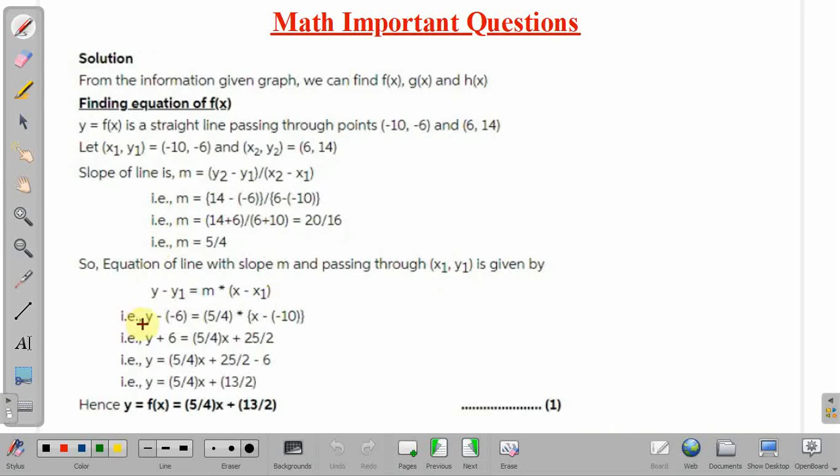For f(x), y1 equal to -6, m equal to 5 by 4, and x1 equal to -10. Substituting these values, we get y equal to f(x) equal to 5 by 4 times x plus 13 by 2. Let this be our equation number 1.